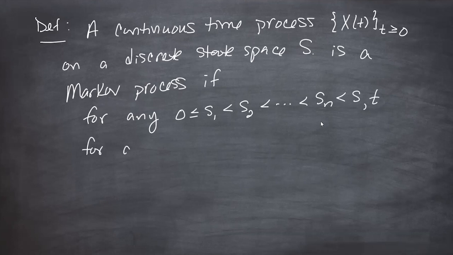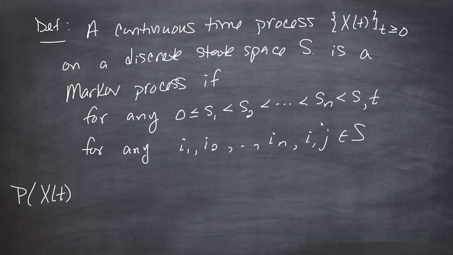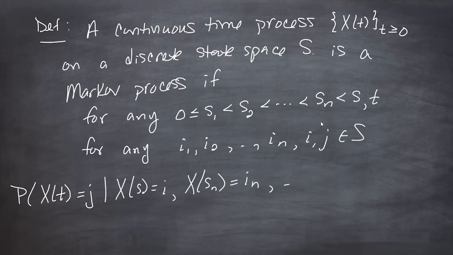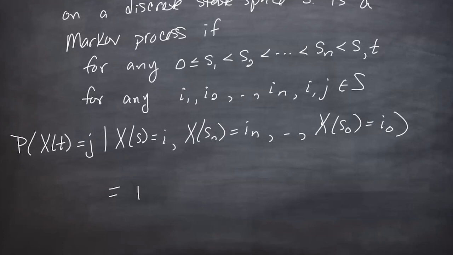And for any i1, i2, up to in, i, and j in the state space, we need the probability that the process at time t is equal to j, given that at time s it's equal to i, at time sn it's equal to in, down to at time s0 it's equal to i0. We just need this to equal what you expect, just that last time step.